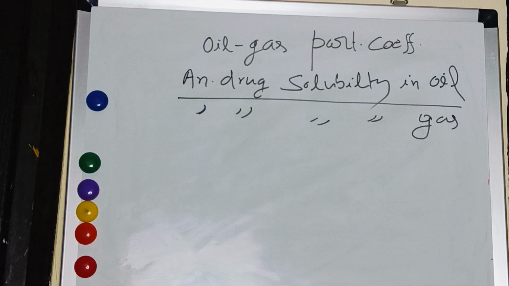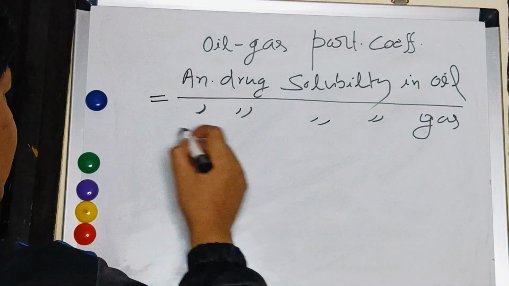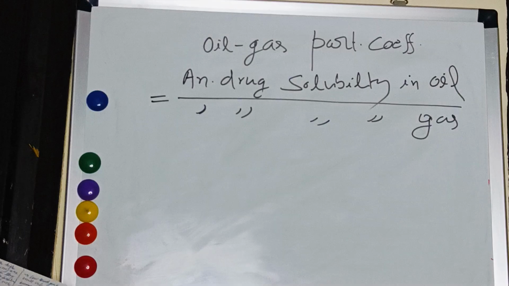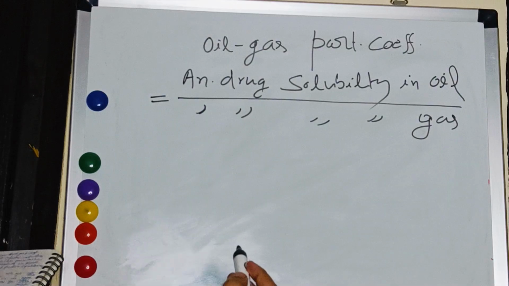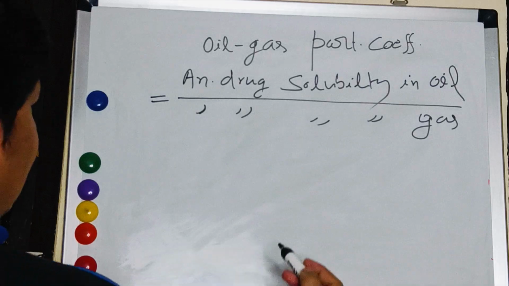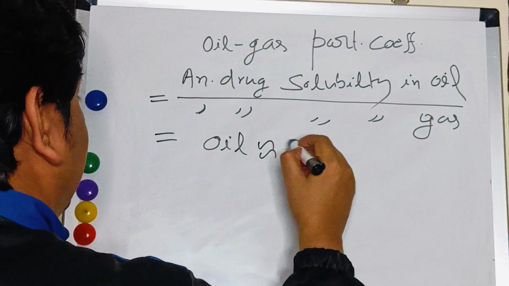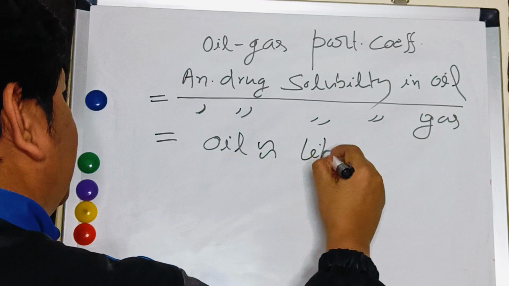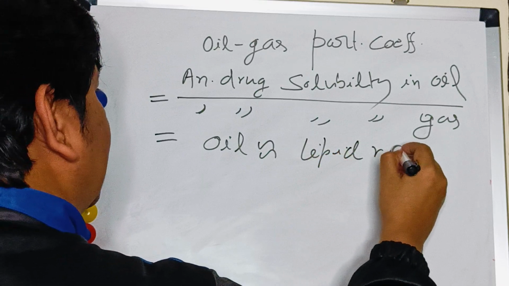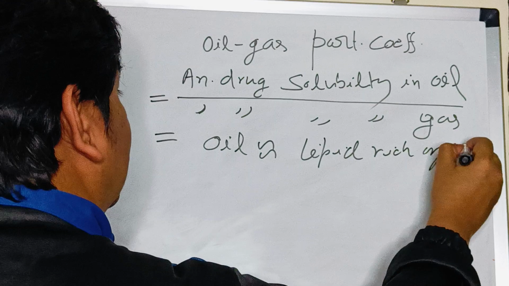So this is a ratio of a drug's solubility in oil by solubility in gas. Oil is a surrogate for the lipid rich organs like brain.